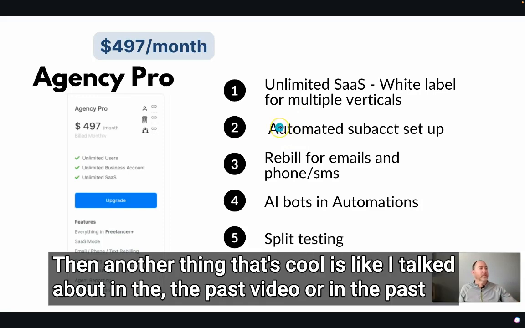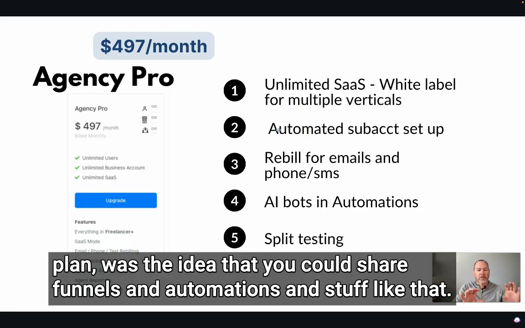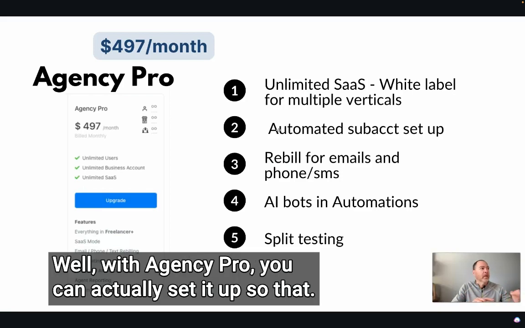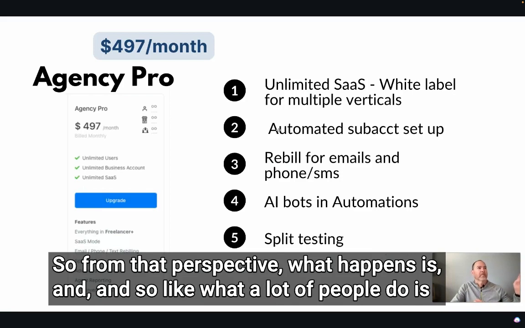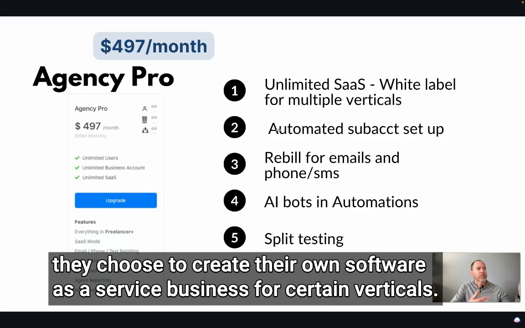Then another thing that's cool is, like I talked about in the past plan, the idea that you could share funnels and automations and stuff like that. Well, with Agency Pro, you can actually set it up so that all of that stuff is automatically baked in to whatever your customers buy, right? So what a lot of people do is they choose to create their own software as a service business for certain verticals.